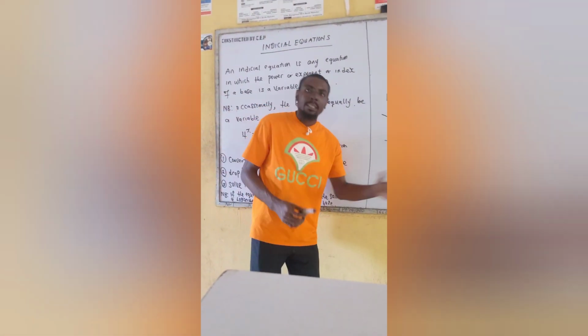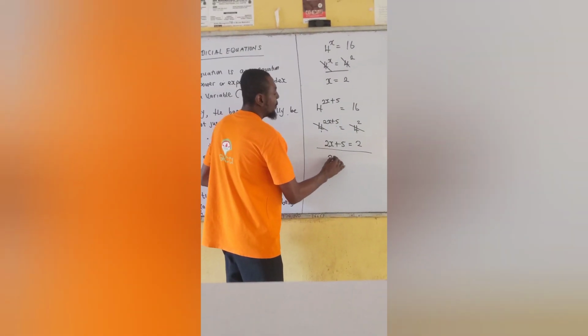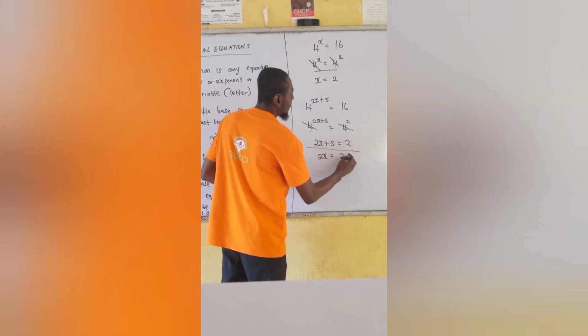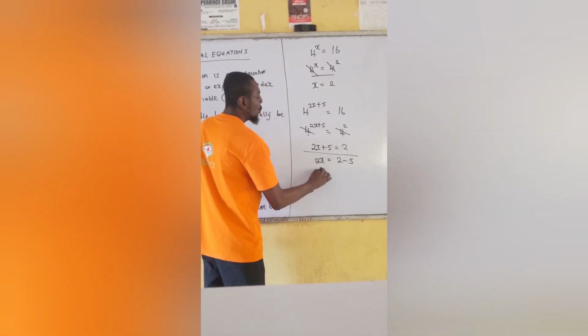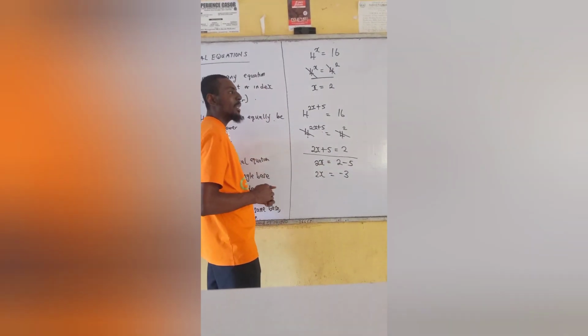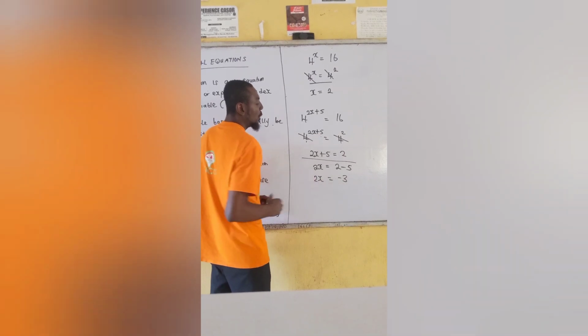In this case, the resulting equation is 2x equal to 2 plus 5. Crossing to that side is minus 5, so 2x is equal to minus 3. Then to make x the subject, the simple thing you do here is to remove this 2 and bring it under here.